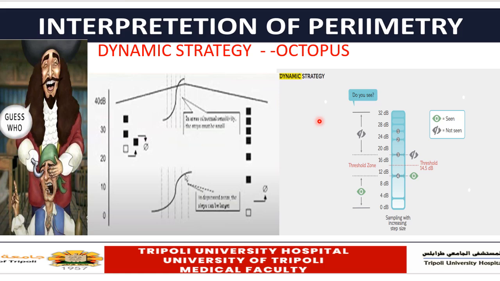However, in the areas of decreased retinal sensitivity, the steps of the next successive stimuli will be in large decibels, between 6 to 10 decibels.